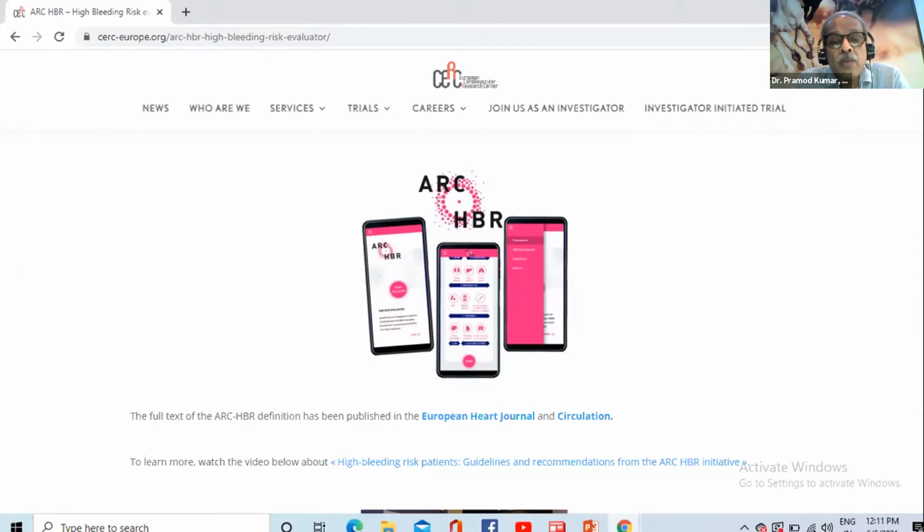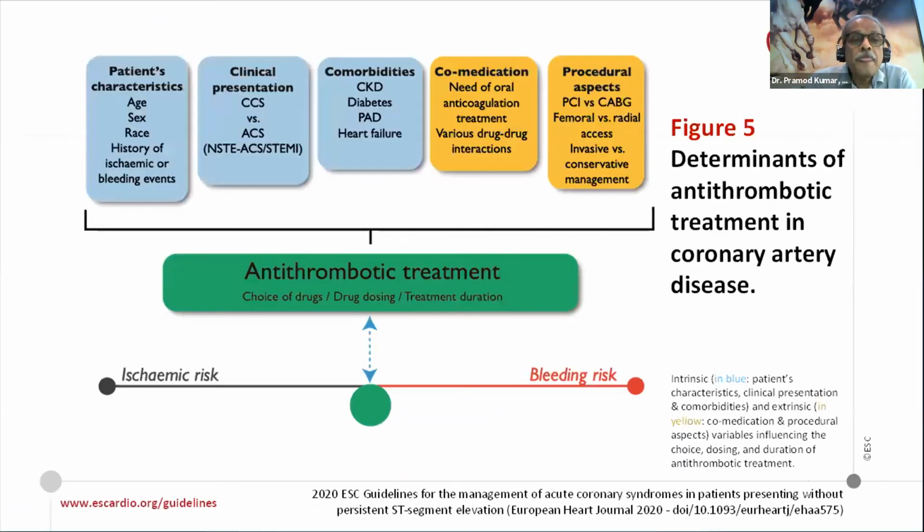You will immediately know the risk score of that patient as far as bleeding or thrombotic risk is concerned, and then you will be able to tailor the antiplatelets and anticoagulants based on this. I'm not going into detail of that. If you want, I can do that, but this is an app which is easily available. You just have to feed in the patient data. It gives you all the information which you need.